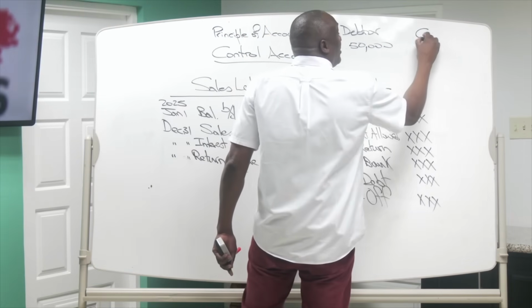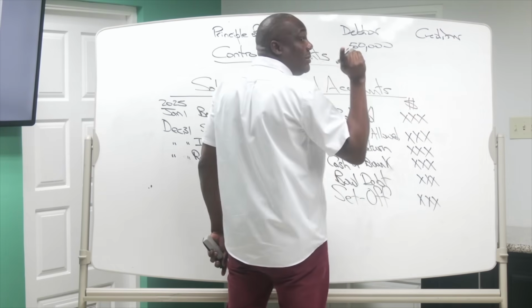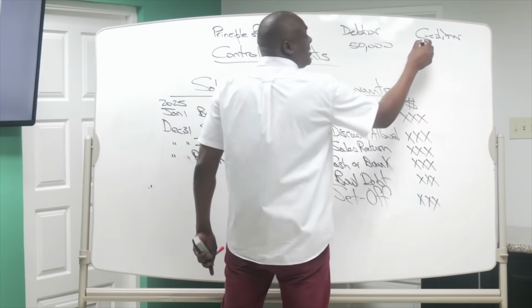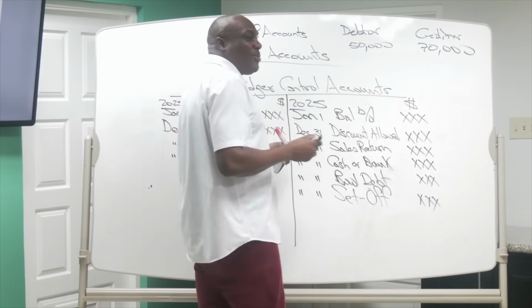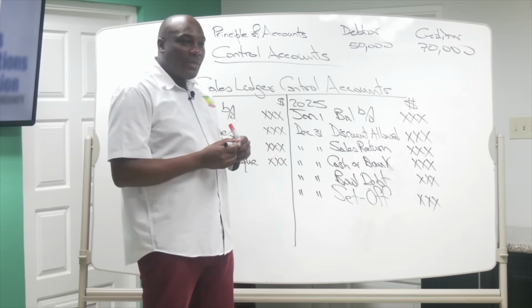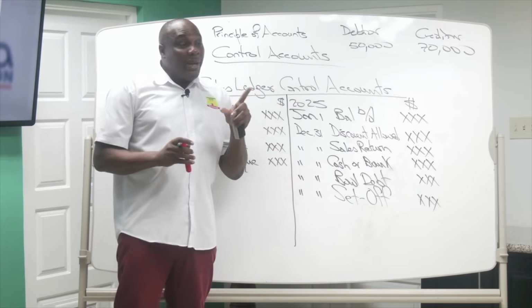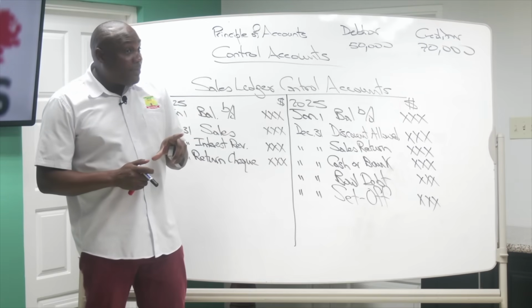And as a creditor, PriceSmart, you, the business, now owe PriceSmart, say, $70,000. In other words, you owe PriceSmart more than PriceSmart owes you. Now, it depends on the relationship that you have established with PriceSmart over time.